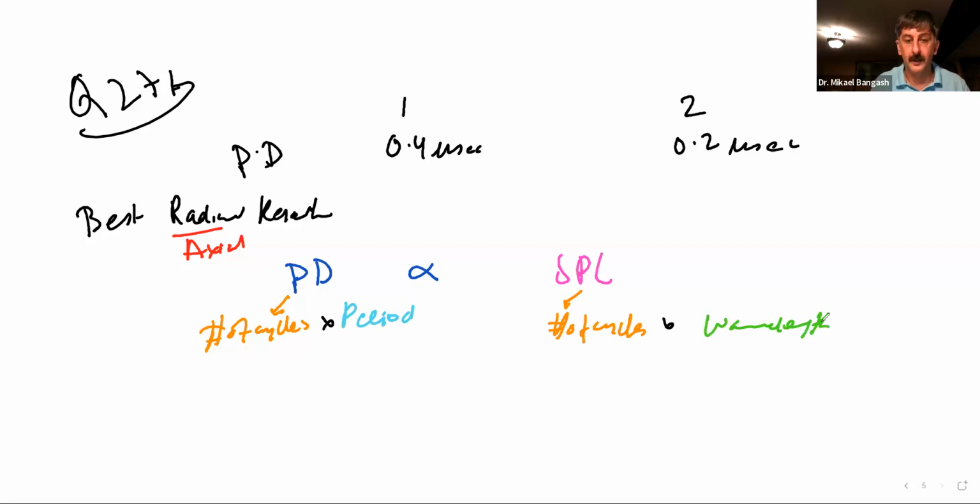We also know that period is directly proportional to wavelength. Which means that a greater period or greater pulse duration also means a greater spatial pulse length. Did that make sense?